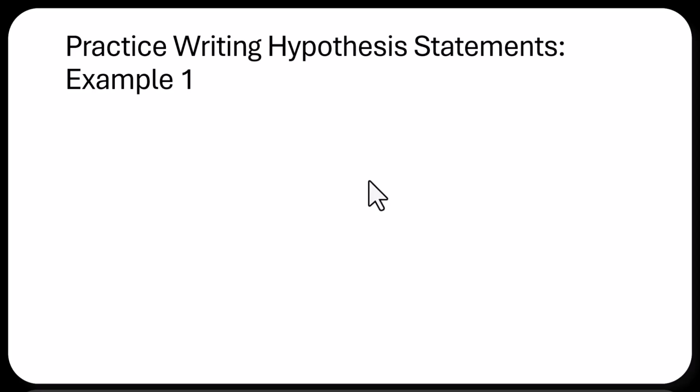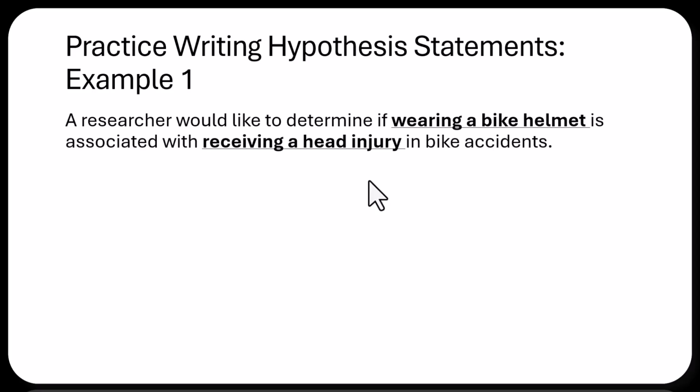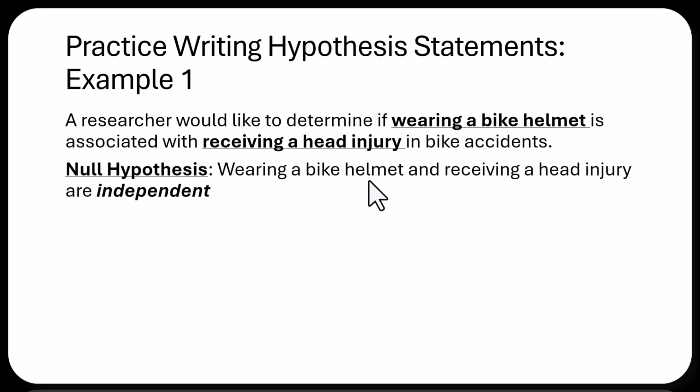Practice writing hypothesis statements. Example 1. A researcher would like to determine if wearing a bike helmet is associated with receiving a head injury in bike accidents. Again, with these examples, I encourage you to pause this video, try writing the hypothesis statement yourself, and then unpause the video to see if you are correct. The null hypothesis in this case is that wearing a bike helmet and receiving a head injury are independent, meaning that neither one of them affects the other.